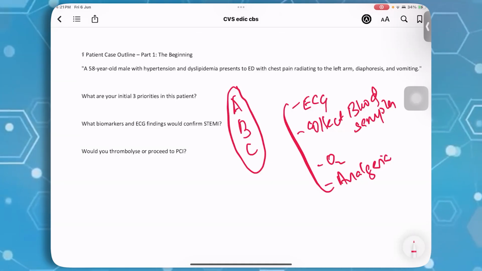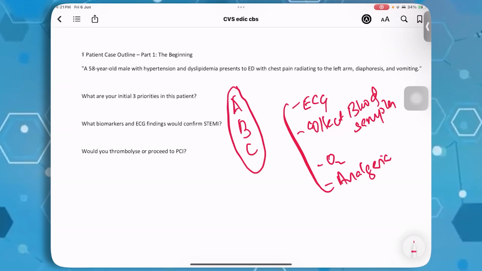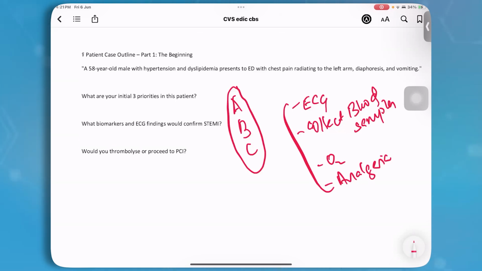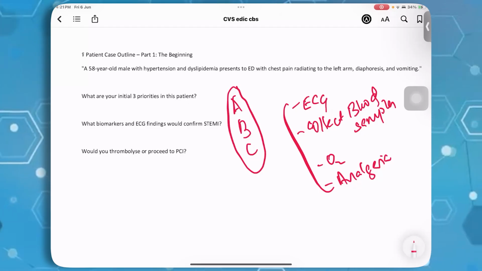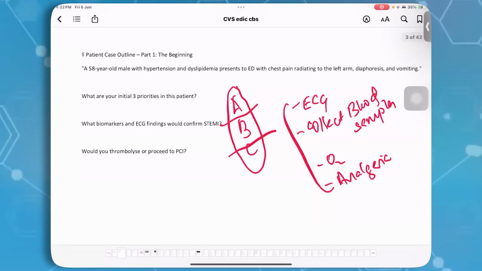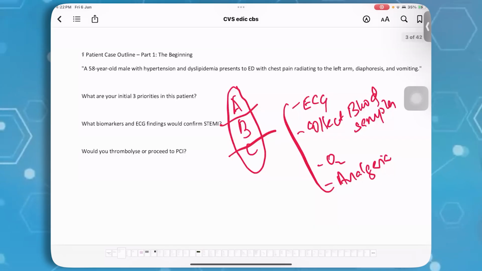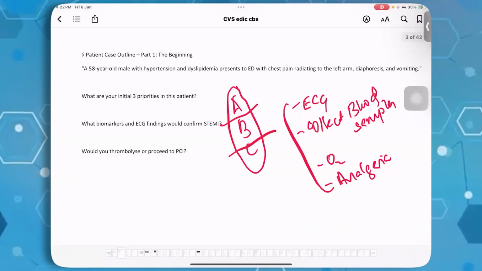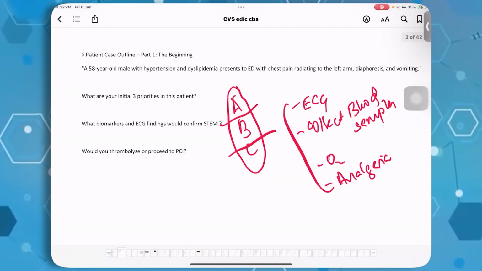But ABCs must be discussed. Whenever you say ECG, make a habit of saying that acute coronary syndrome is divided into unstable angina, non-STEMI and STEMI.